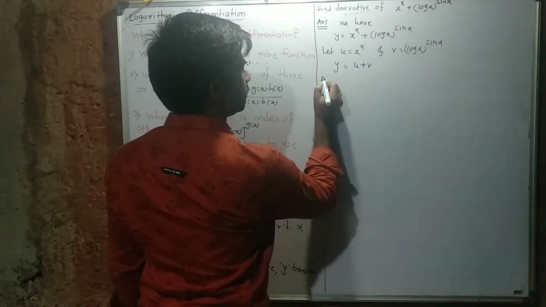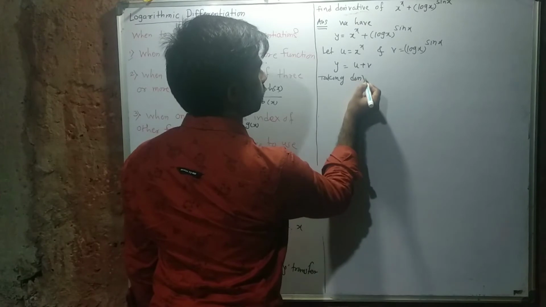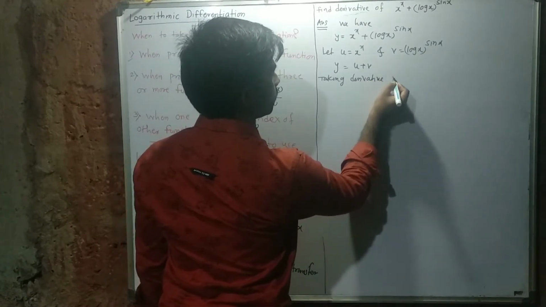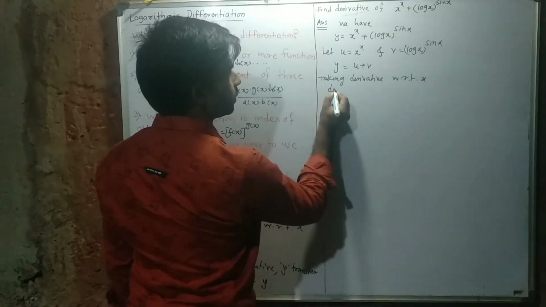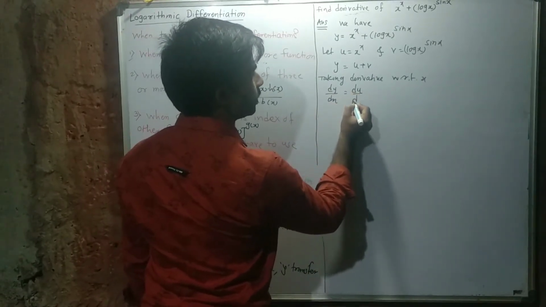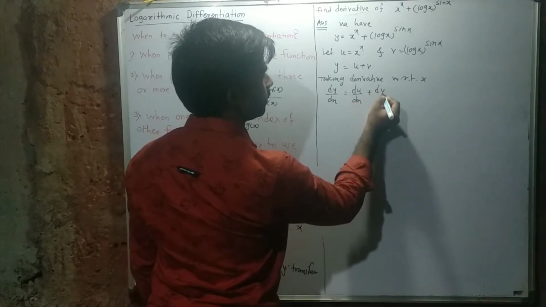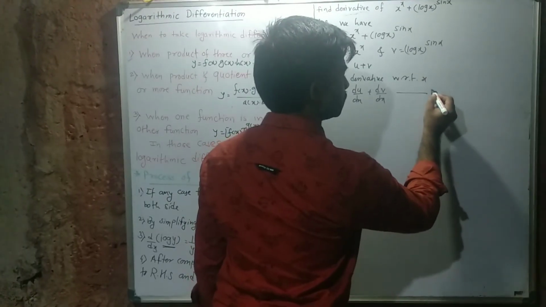Now we want to find the derivative of y, taking the derivative with respect to x, and therefore you will get dy by dx is equal to du by dx plus dv by dx. Let us consider this is equation 1.